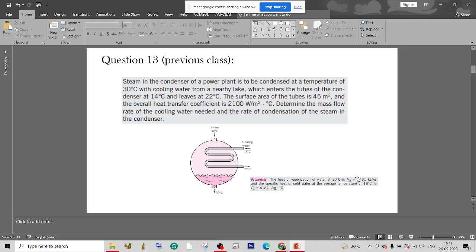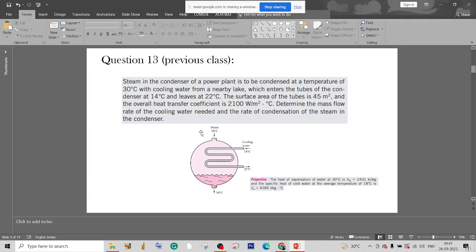So from that you can easily calculate the rate of cooling, mass flow rate of the cooling water. Okay, let me give you the equations. First we'll calculate Q, right?